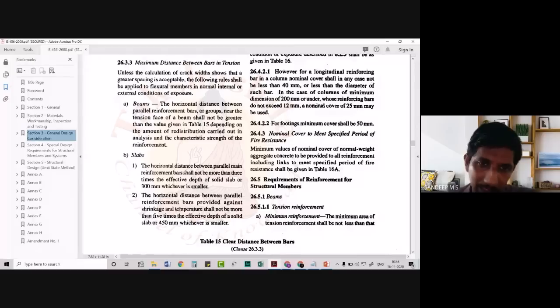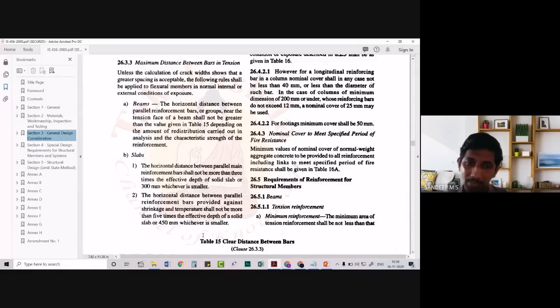Now, what is the second condition? The horizontal distance between parallel reinforcement bars provided against shrinkage and temperature shall not be more than 5 times the effective depth of a solid slab, or 450 millimeter, whichever is less.